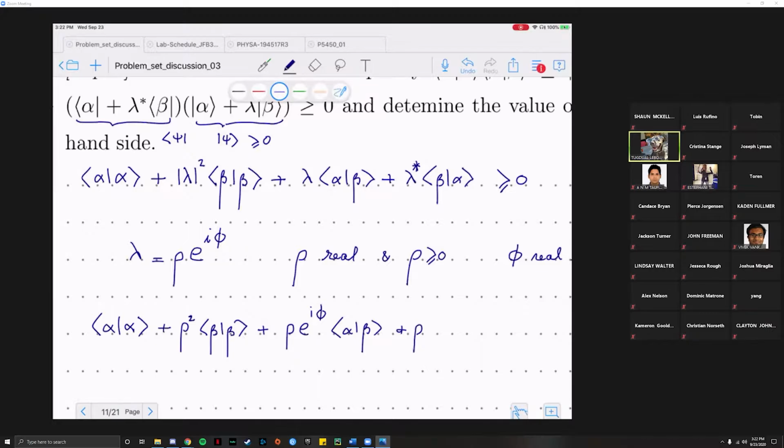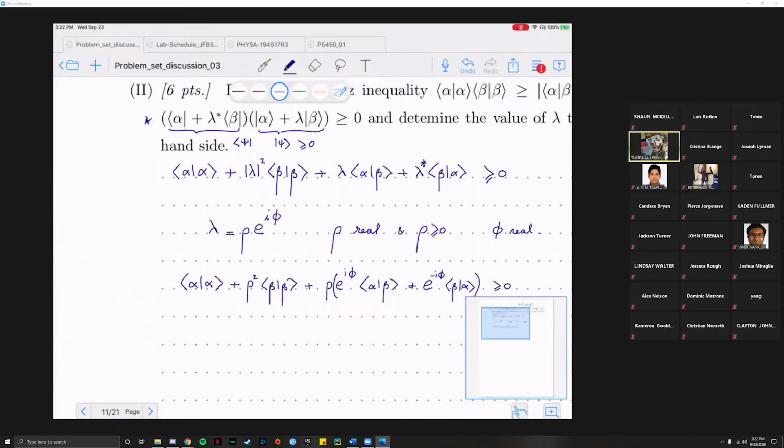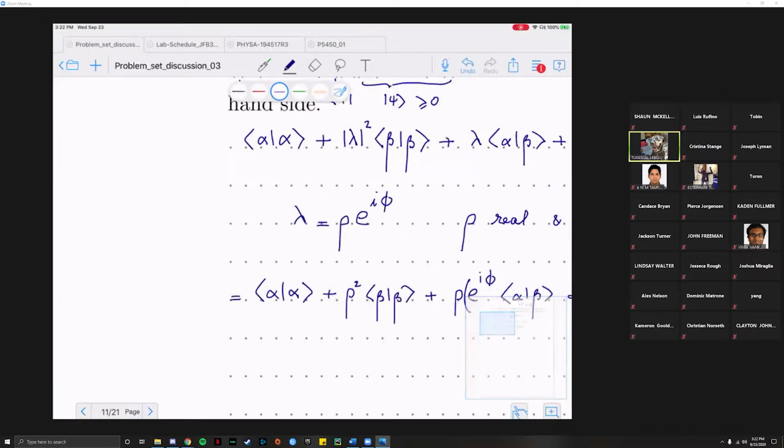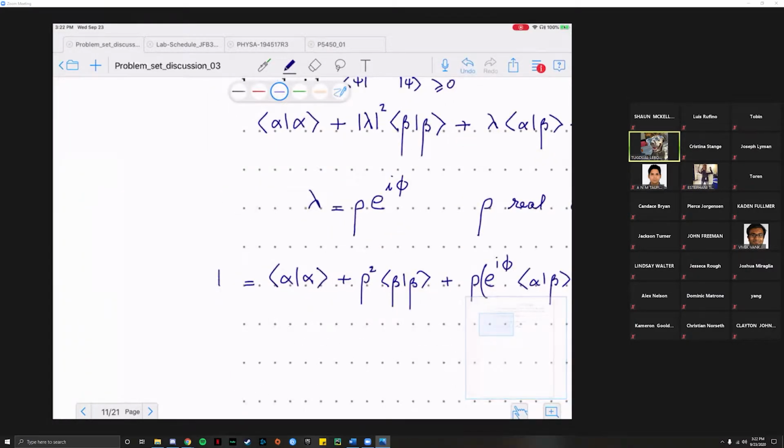So maybe I can write that since I'm going to have rho twice. Exponential minus i phi, beta alpha, and this is greater than 0. Okay, and so maybe we should give a name to that thing. I don't know, I can call that P maybe.